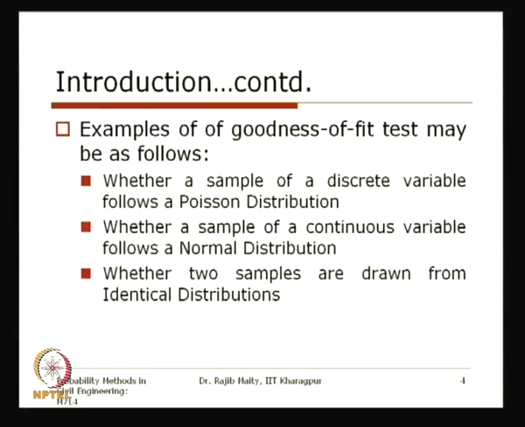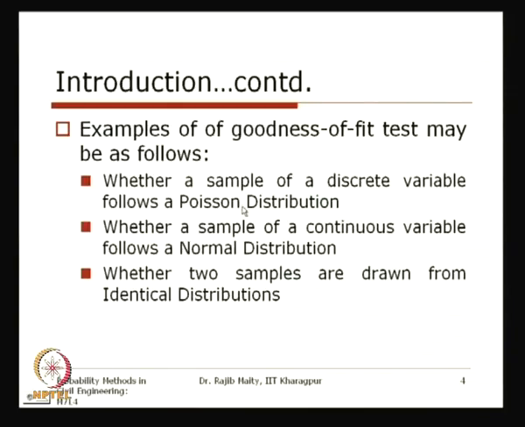So an example of this goodness of fit test may be as follows. Say we are looking for the answer to whether a sample of a discrete variable follows a Poisson distribution or not. These are just examples. It is not that I am always looking for the Poisson distribution. It could be any distribution.